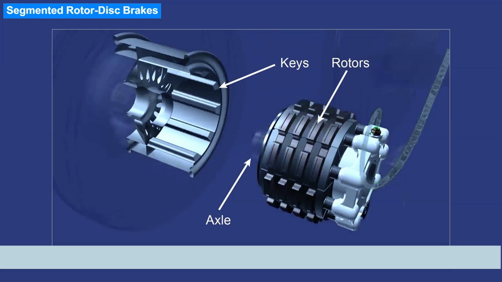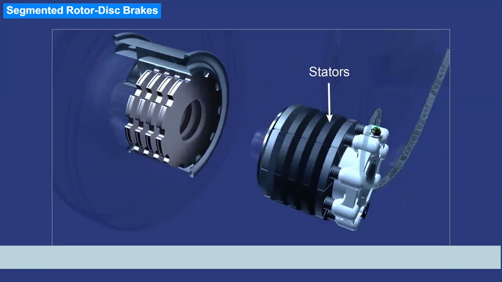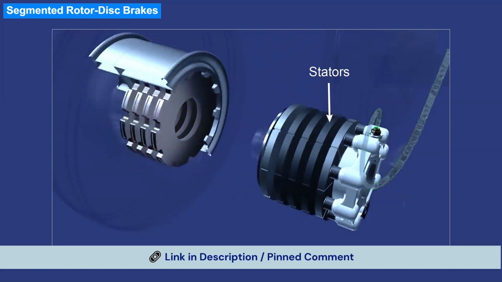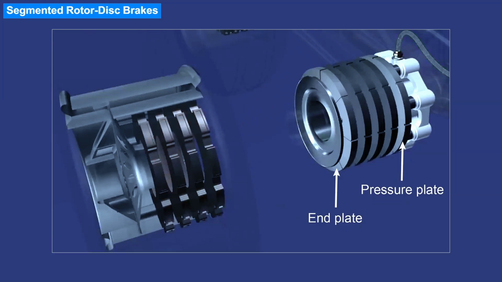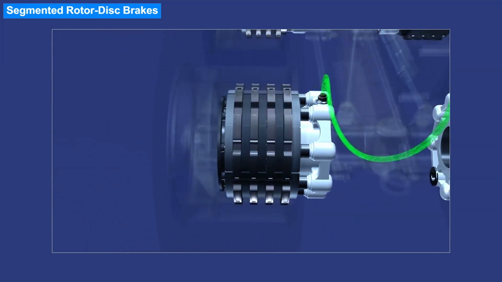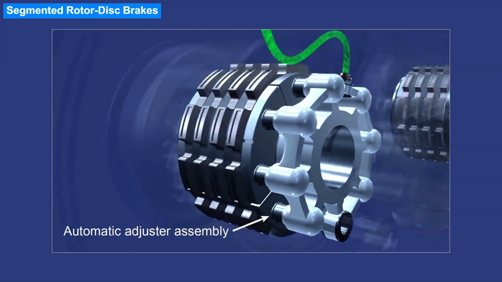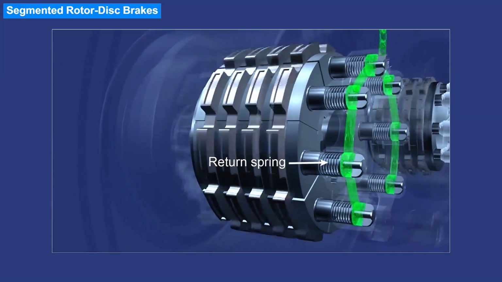Stators are keyed to the torque tube and carry replaceable lining blocks that help dissipate heat. Segmented steel rotors, keyed to the wheel, include slots or separated sections that improve cooling and allow thermal expansion. When hydraulic pressure is applied, the rotor stator stack is squeezed against the backing plate, producing the friction needed to slow the wheel.